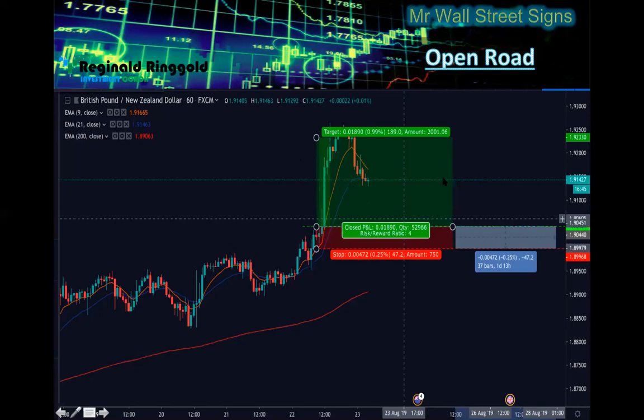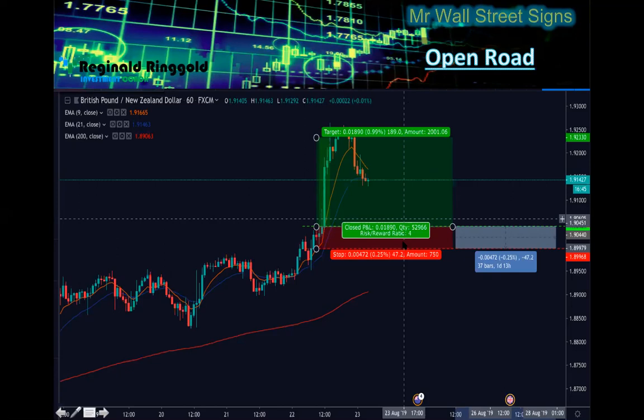Your open road is the distance between your entry and your profit target. Okay, I'm going to say that again. Your open road is the distance between your entry and your first profit target. It's also the distance between your entry and your break-even point. Give me a 1 if you follow that. Okay. Open road.